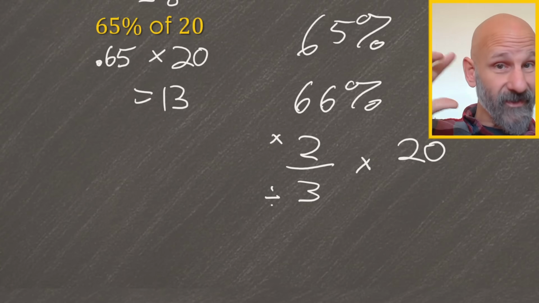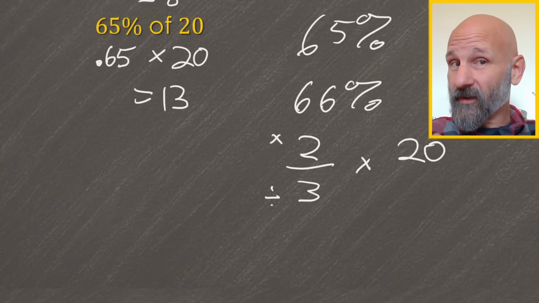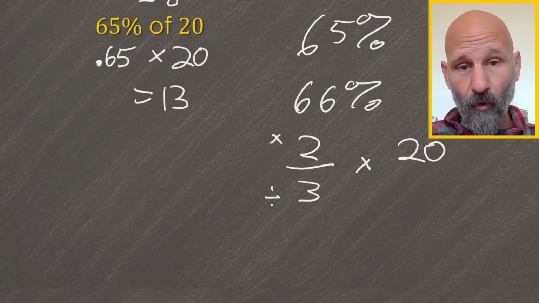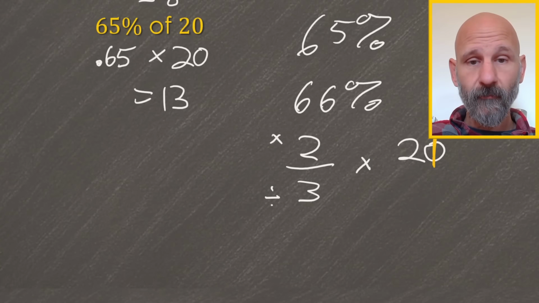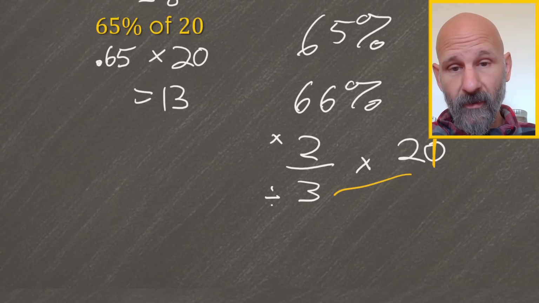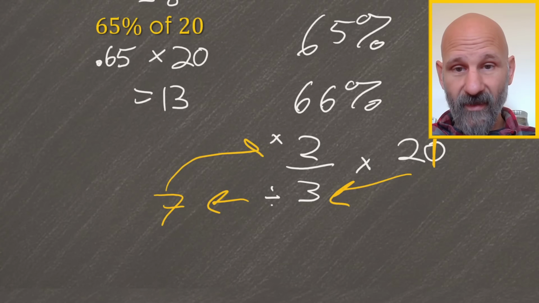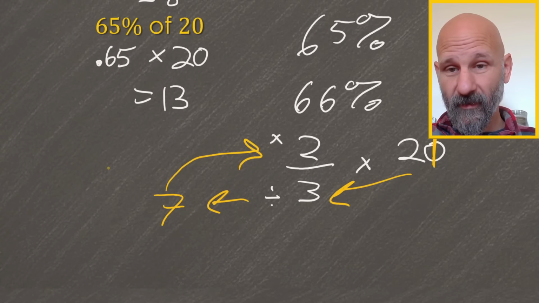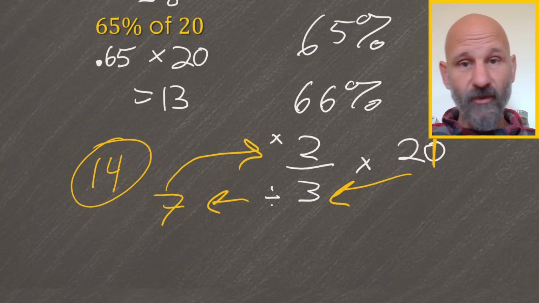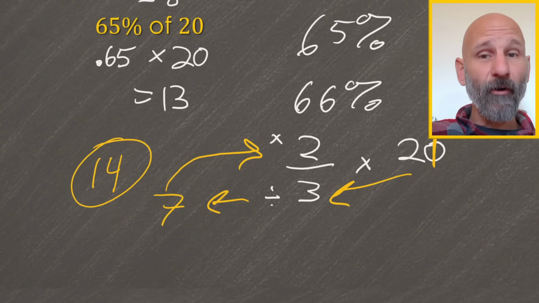For an estimation, and this is an estimation, by the way. If you put this on a math test, you're going to get it wrong. If I'm estimating, I'm going to call it 21 instead. Now I do 21 divided by 3, and that makes 7. Then I take that 7 times 2, and that makes 14. So my estimation is about 14.